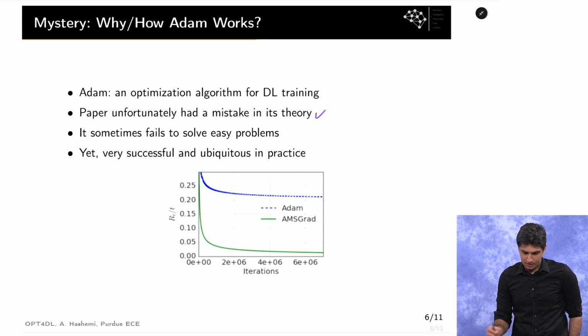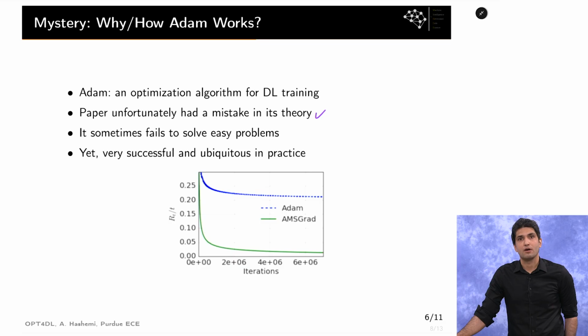Unfortunately, when the paper came out almost 10 years ago, later on people noticed that there were some mistakes in the theoretical guarantees that they provided. In fact, sometimes certain variations of this algorithm may even fail to solve easy problems, such as convex problems.